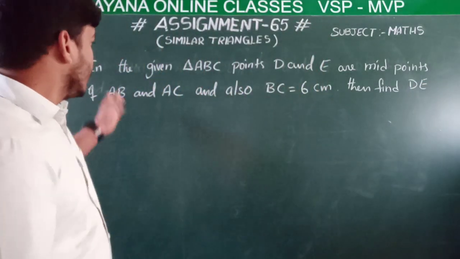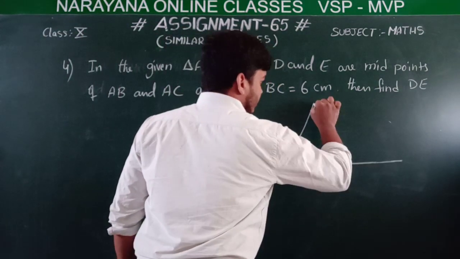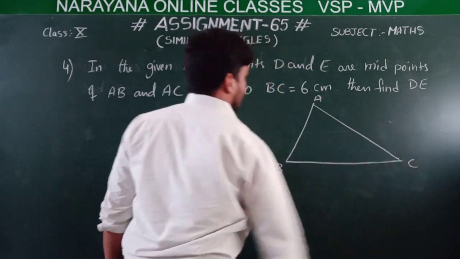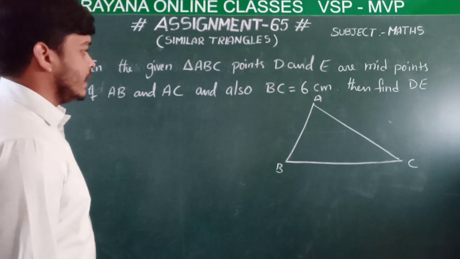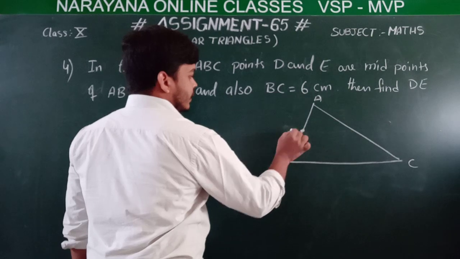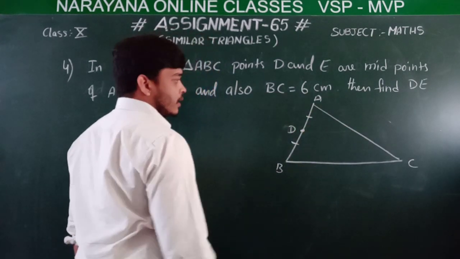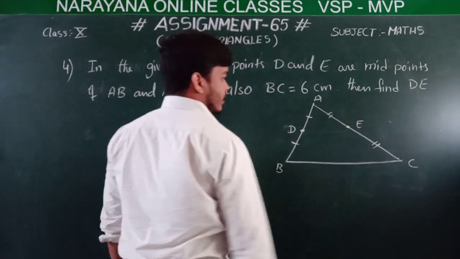See children, here in our triangle ABC, take any triangle ABC, and D and E are midpoints of AB and AC. It means these two lengths are equal and these two lengths are equal.